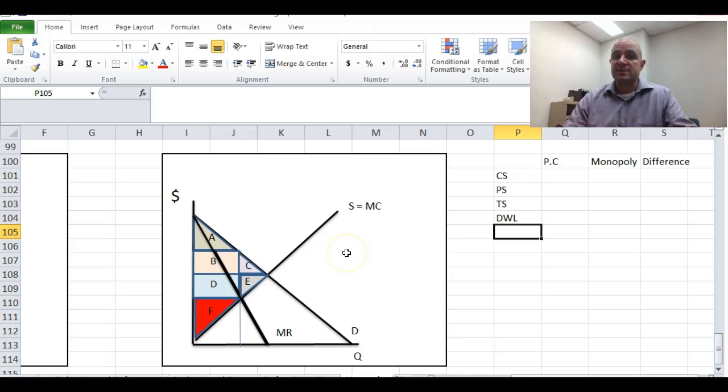So again, perfect competition, they're going to produce where supply equals the demand. And so here, the price is going to be here, and our quantity is going to be down here.